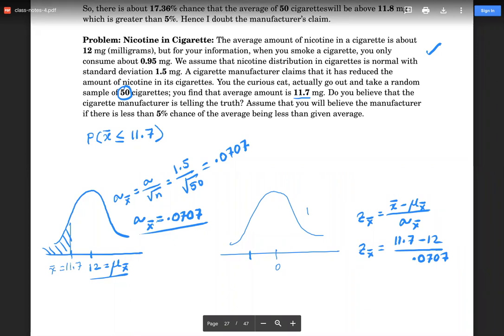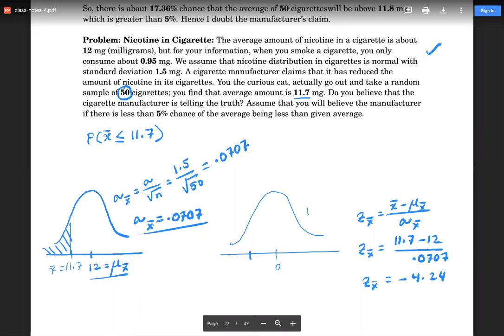Did I do it right? 11.7 minus 12 is negative 0.3 divided by sigma x bar, which is 0.0707, which is negative, z sub x bar is equal to negative 4.24.